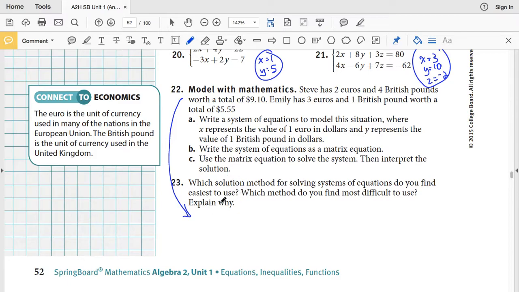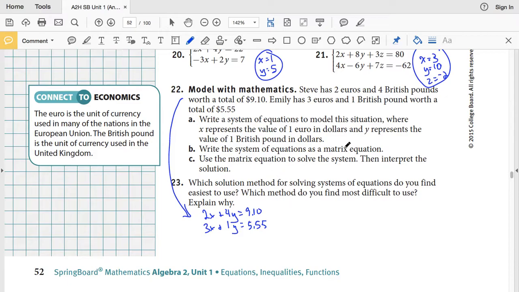So in this case we have Steve, which has 2 times x, 2 euros, plus 4 British pounds, 4y, is equal to $9.10. And let's see here, Emily has 3 euros plus 1 pound, not P, y. And so that is totaling $5.55.